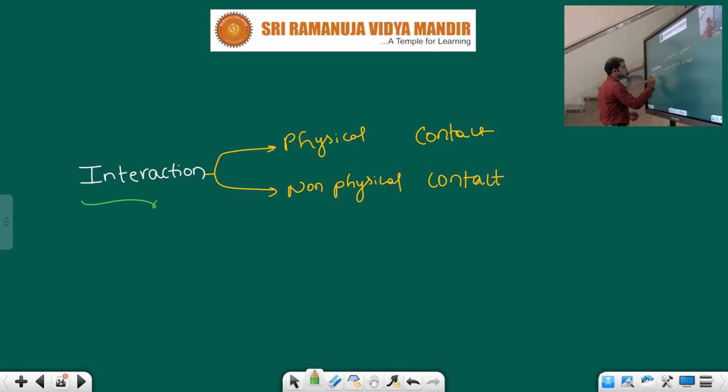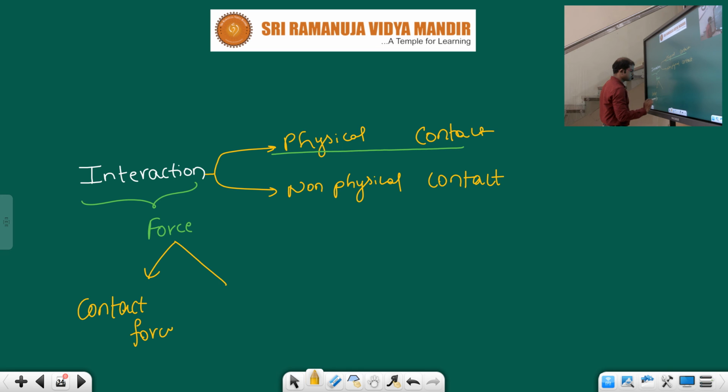See, children, due to interaction, what do we get? Force, right? If the interaction is physical, then the force is nothing but contact force. If the interaction is non-physical, then the force developed is nothing but non-contact force.